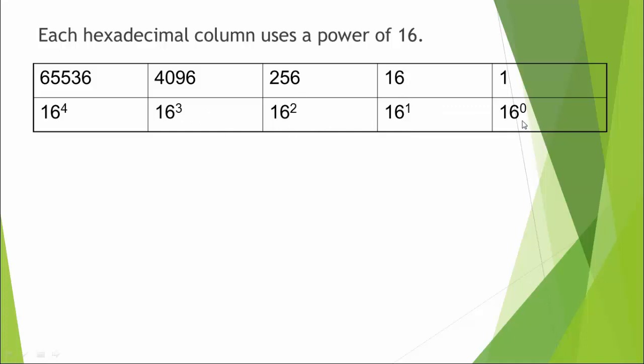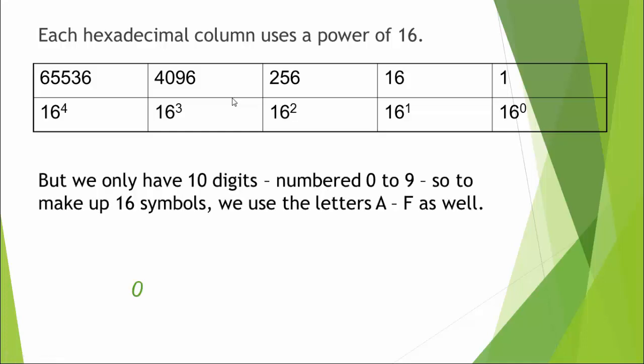In hexadecimal it's 16 to the 0. In other words, our rightmost digit is the 1s. The second rightmost digit is the 16s, then the 256s, etc. Otherwise, this table is identical to the other ones we've seen so far.